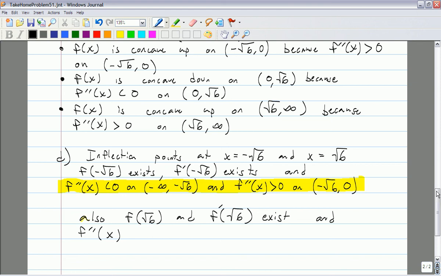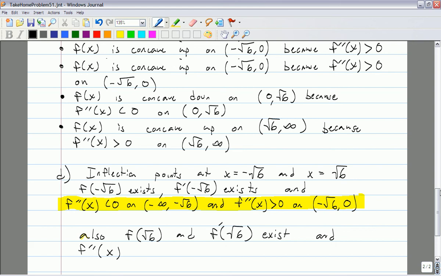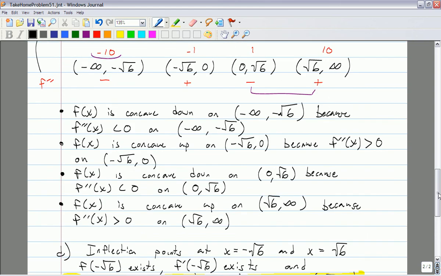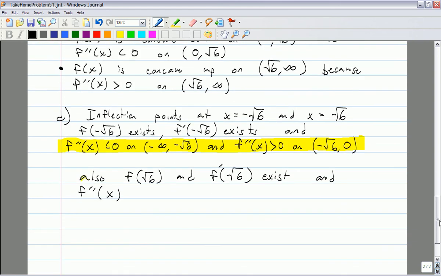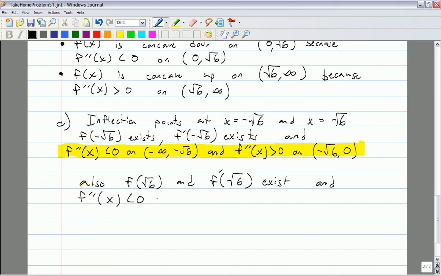Let's see, so at root 6 we said 0 to root 6 was, let's go back, negative and then positive, is less than 0 on 0 to root 6, and f double prime of x is greater than 0 on root 6 to infinity.